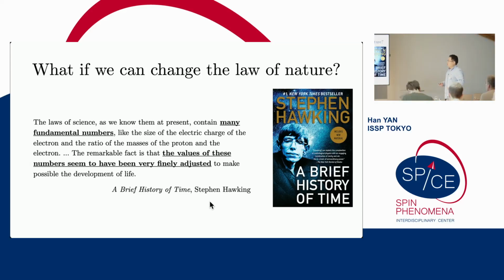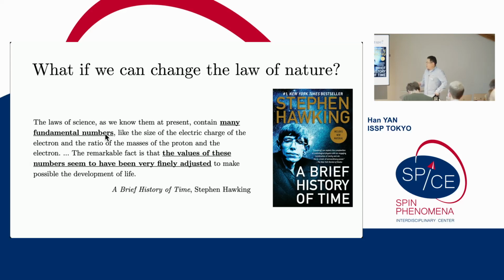I want to start with a big picture, this idea that has been mentioned in many sci-fi works and also popular science books, which is: what if we can change the fundamental law of nature? For example, there are many fundamental dimensionless numbers that describe the strength of interactions in our universe.